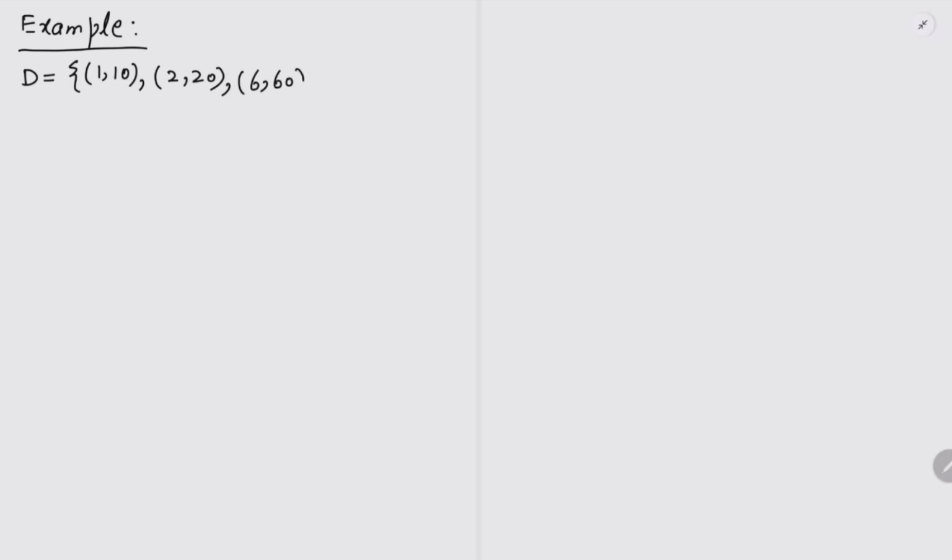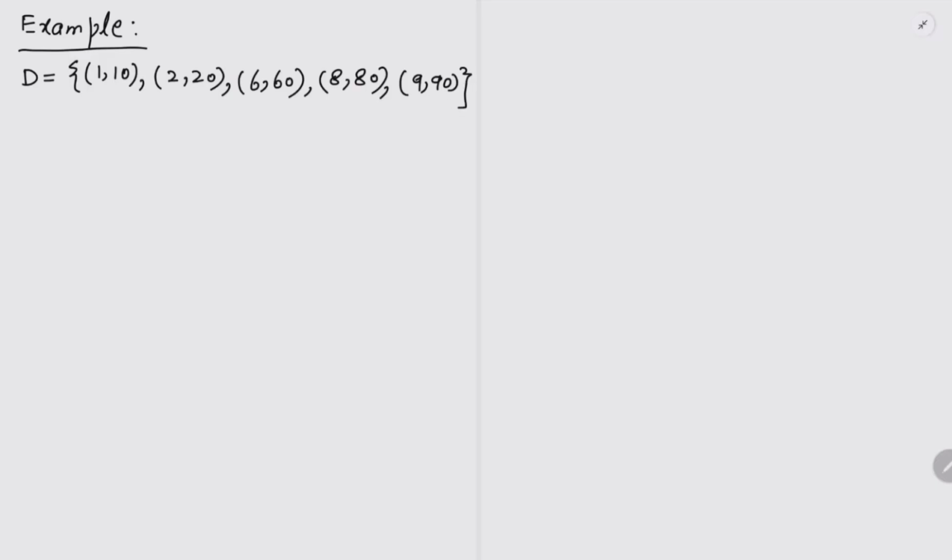Example: suppose we have a data set D with the pairs 1, 10; 2, 20; 6, 60; 8, 80; and 9, 90. This is the data set.